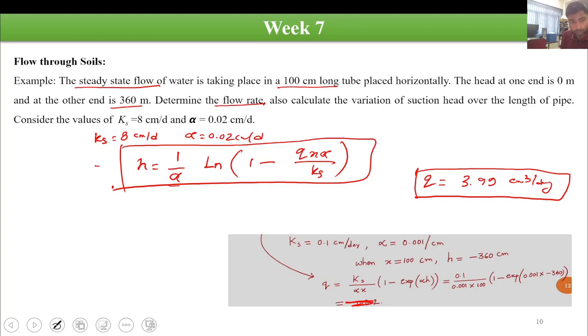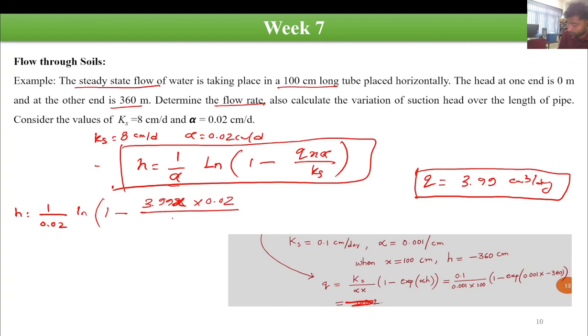So if we write here that head variation is unknown, that's going to be 1 upon 0.02, and ln, that's going to be 1 minus the value of Q, which is 3.99, let's say, and the X we don't know, and the alpha is again 0.02 upon the value of Ks, which is 8. Okay.